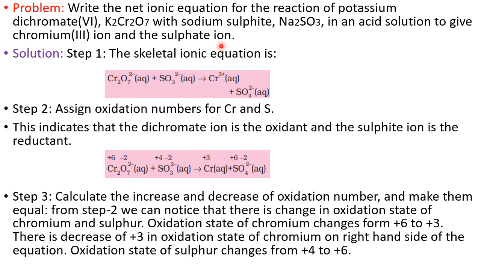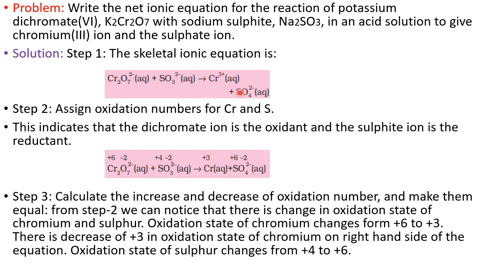So this is the ionic equation, not the main equation. Dichromate is reacting with sulfite to give chromium 3 plus and sulfate 2 minus ion. Now, this is the total charge on the dichromate, the total charge on the sulfite, the charge on the chromium atom, and the charge on the sulfate ion.